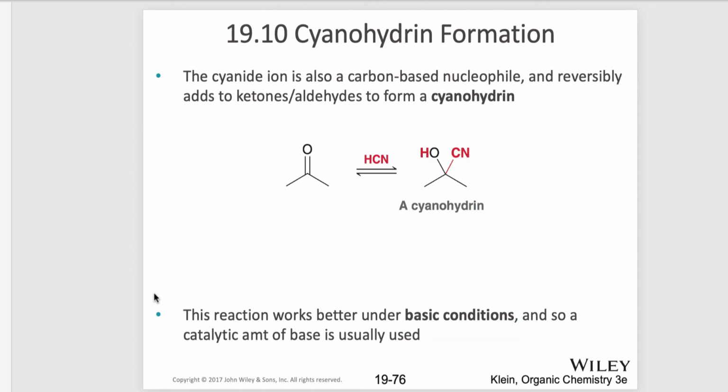Now, in the carbon nucleophile category is also cyanide. Cyanide, which is toxic. We are dealing here with HCN. Remember, this is a very strong acid. It can be dissociated into H plus and CN minus. If we wanted to draw this out here, remember we have a carbon-nitrogen triple bond.